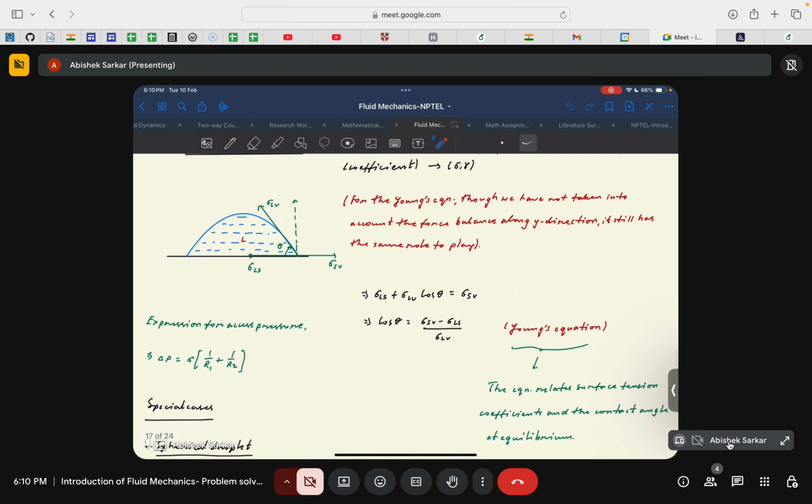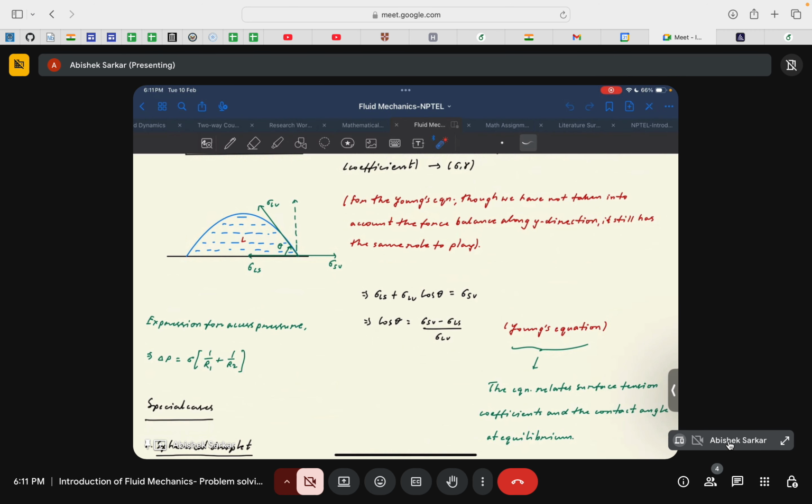For example, take this liquid drop, resting on a particular surface. Let sigma ls be the surface tension coefficient between the liquid and solid interface, sigma sv the coefficient between the solid and the vapor interface, and sigma lv the coefficient along the liquid vapor interface.